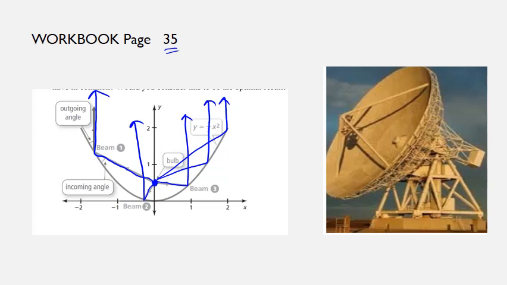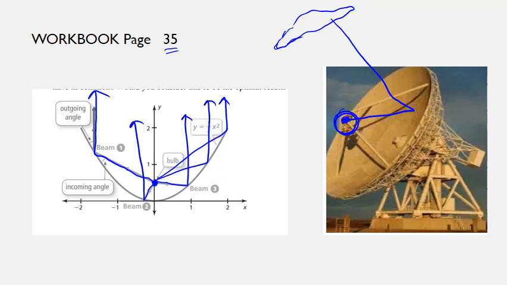So that would be like the way that it would be put out, I guess, into whatever you're shining your flashlight at. So a satellite dish, which a lot of you have on your houses, so if you ever wondered about why this little piece right here is there, it's because that is the focal point. So what happens is there's a satellite up in space somewhere, and it's sending signals that are bouncing off the back of this parabola onto the focal point.